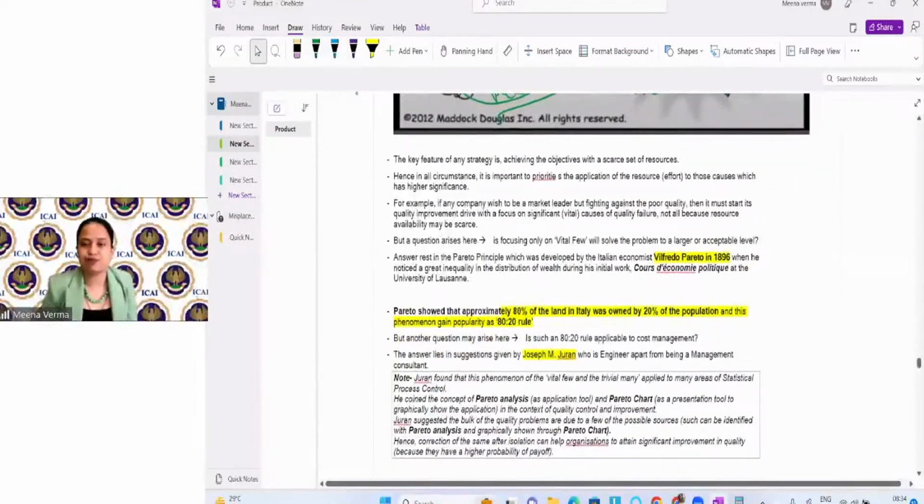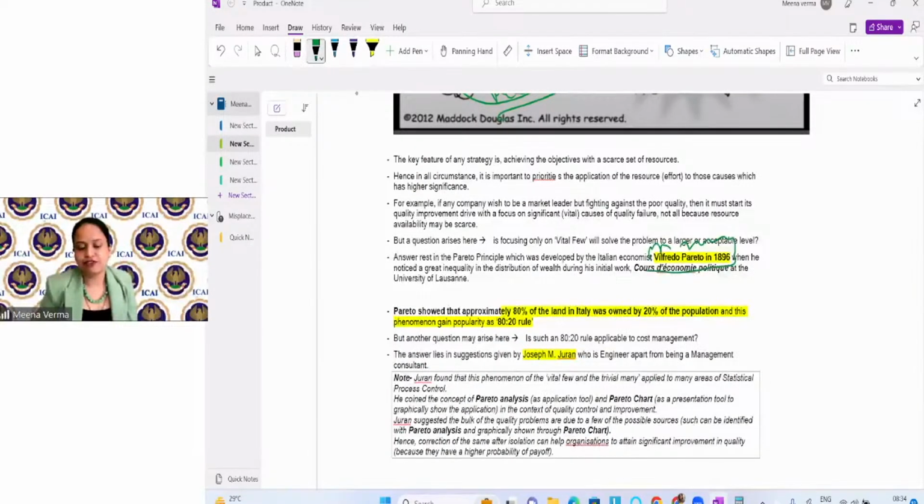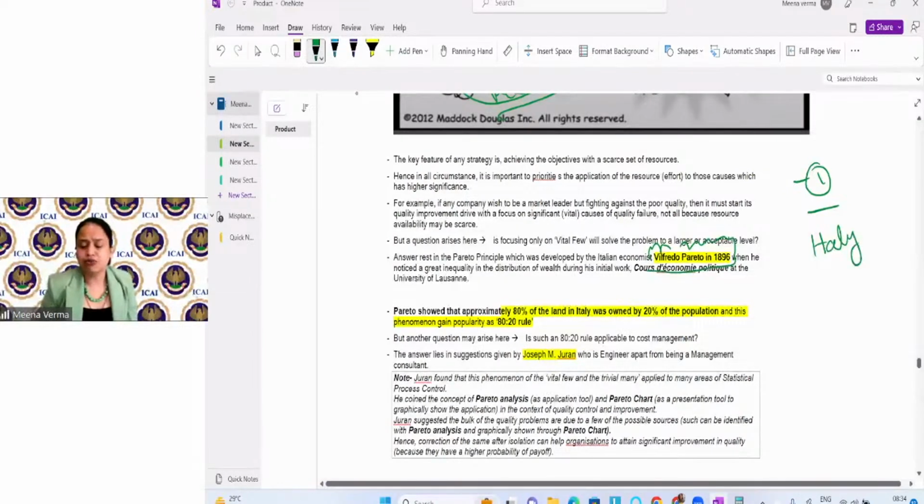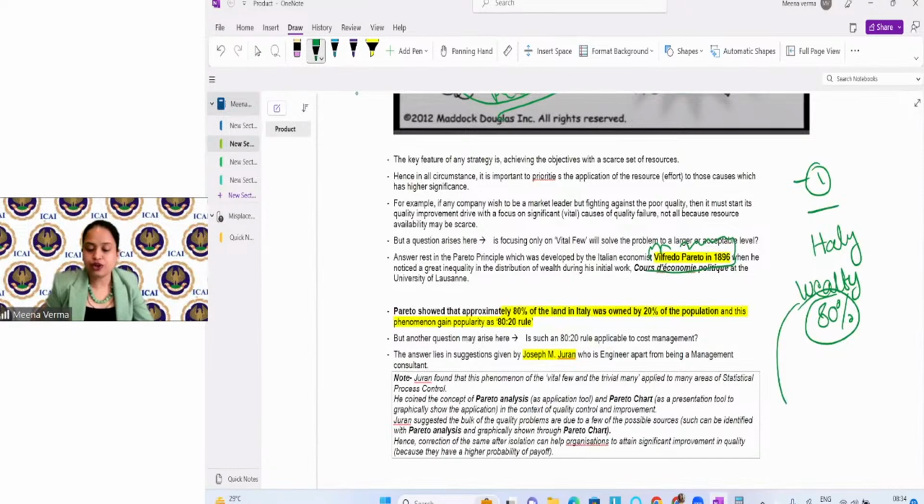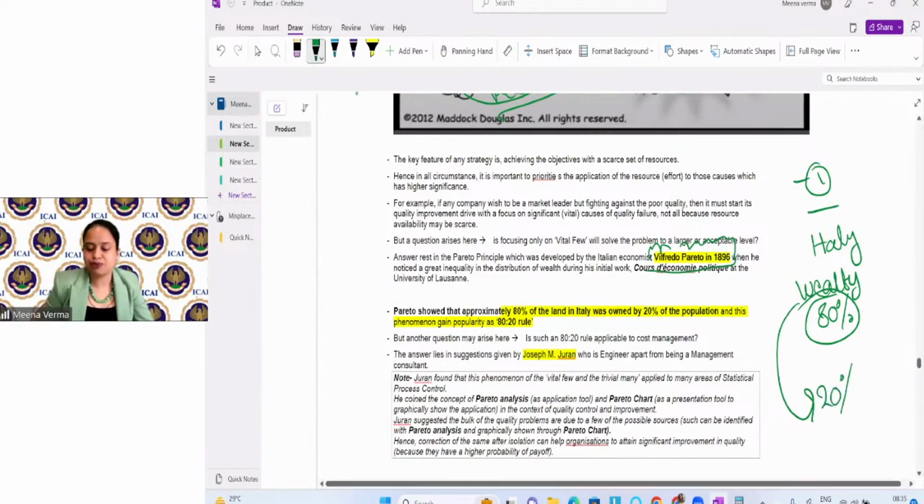Now, this Pareto analysis was first introduced by Wilfredo Pareto in 1896. Wilfredo Pareto was an Italian, and he observed that 80% of the total wealth of Italy was owned by 20% of the people.